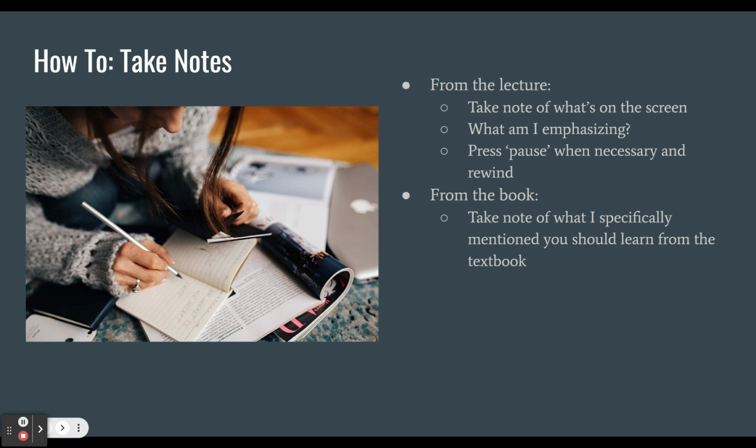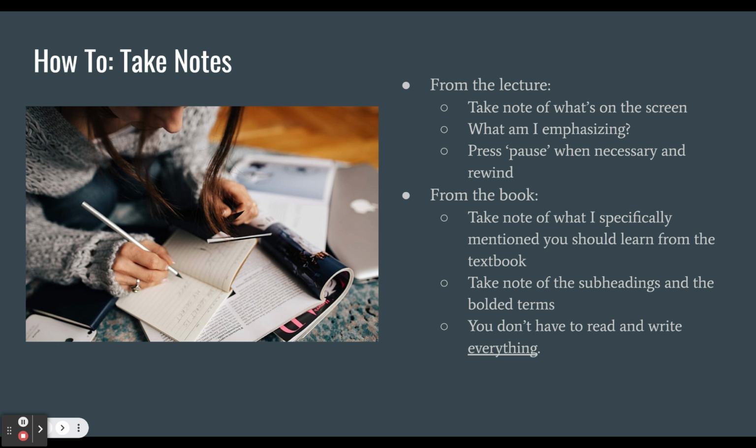In fact, I will make mention of those things so that you don't have to read every single thing, right? In fact, I want you to pay attention to the subheadings that he uses and the bolded terms that he highlights in the chapter, right? And throughout the book. But make sure that you know that you don't have to read and write everything.